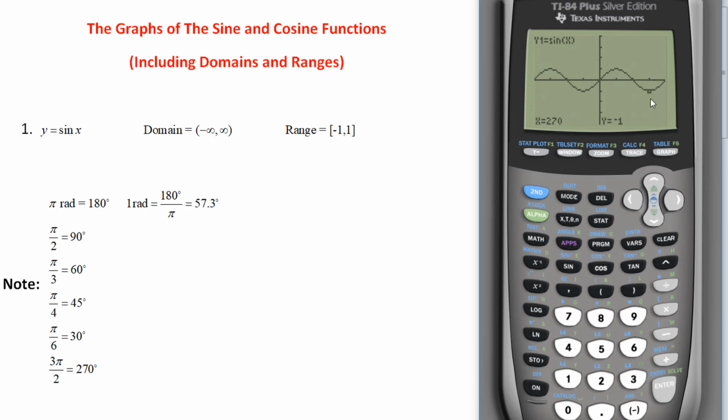That's -1. So as you can see from this, the sine curve is going to oscillate from 1 to -1. That's where the range comes from. The y value goes from -1 to 1. So the maximum value of the trig function over its domain is 1, and the minimum value is -1.